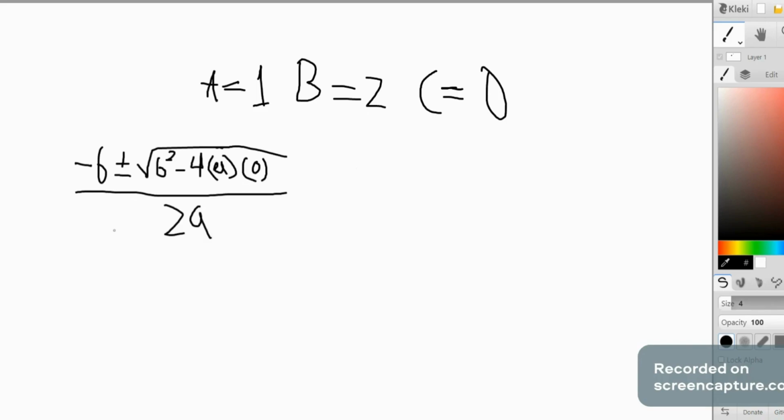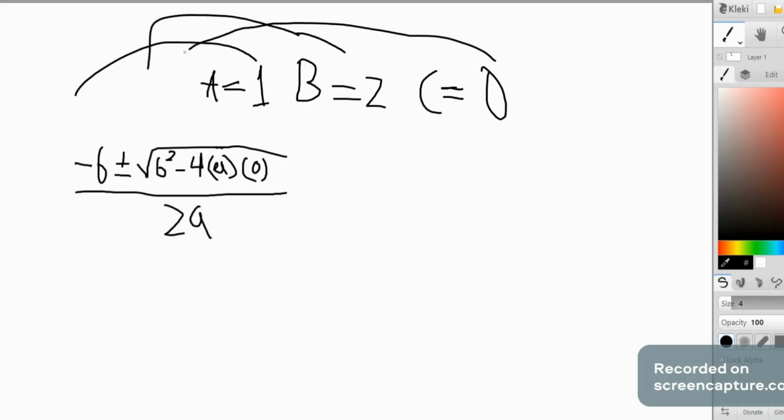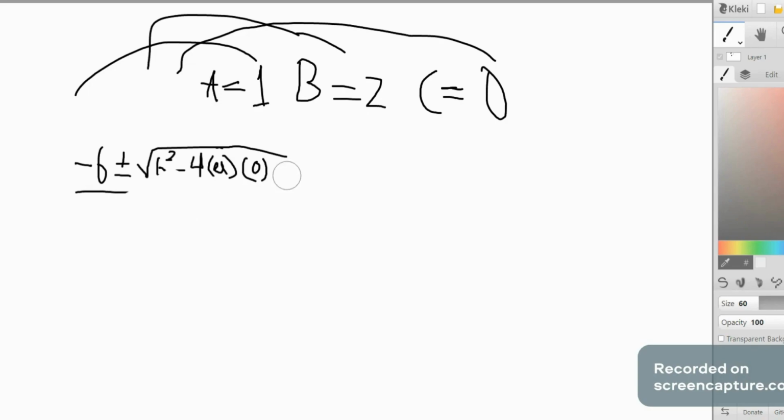There we go. All over 2a. So what we're going to do is we're going to plug in our a, our b, and our c for this. So we can get rid of all of this.